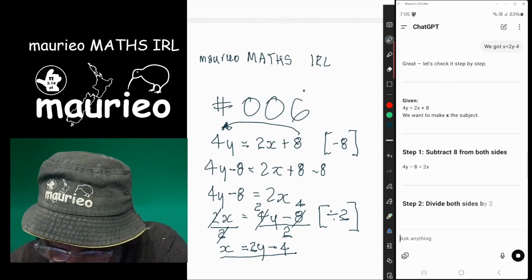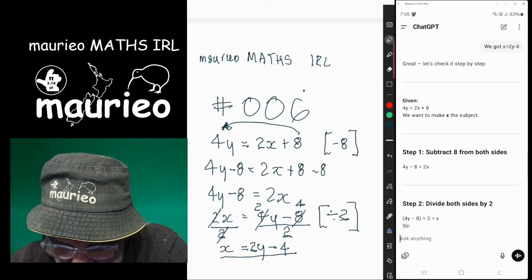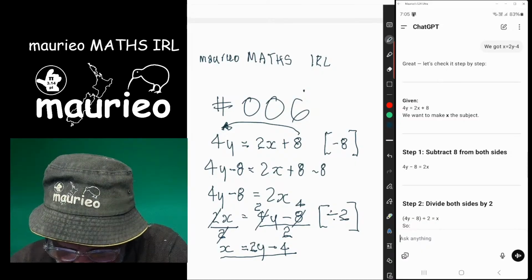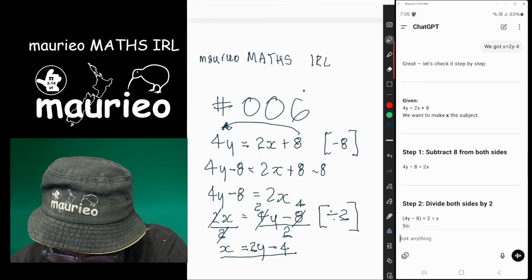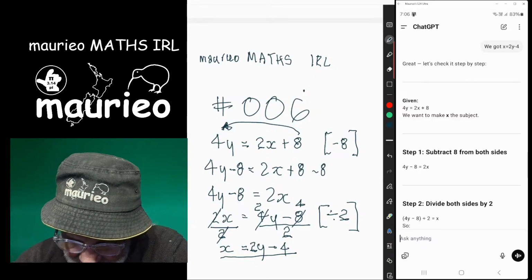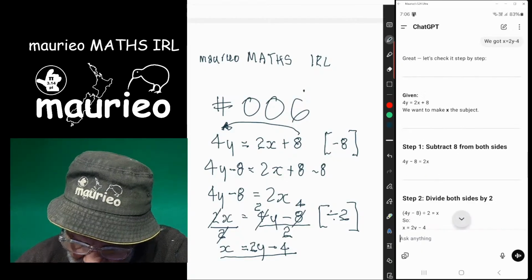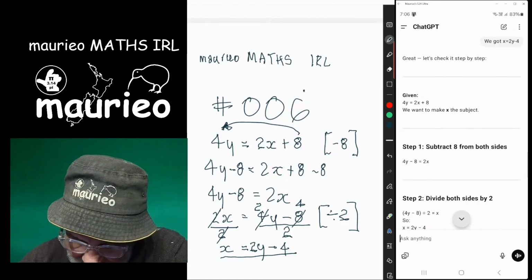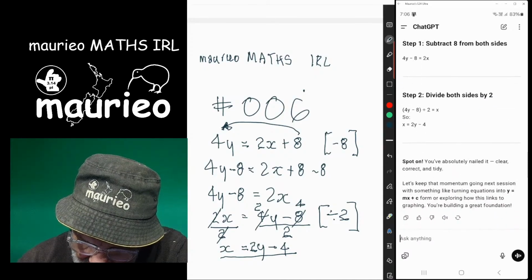Great. Let's check it step by step. So we get 4y minus 8 equals 2x, and like that, x equals 2y minus 4, which is what we got. Spot on.